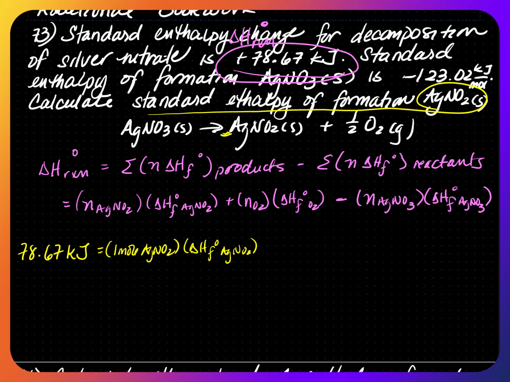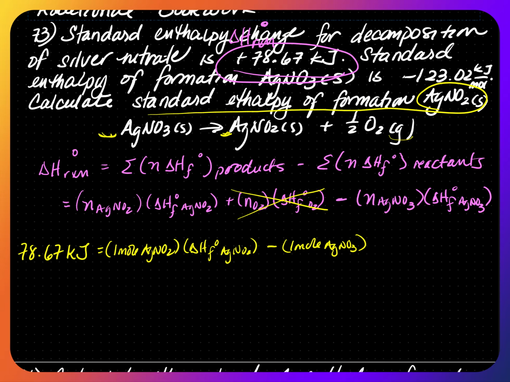This is added to the oxygen. If I look at my oxygen, it is at standard state. It is a gas on the periodic table at 1 atm and 25 degrees Celsius. So my oxygen will cancel out and become 0. Minus my moles of AgNO3. If I look at my balanced equation, it is 1. This is going to be 1 mole of AgNO3.